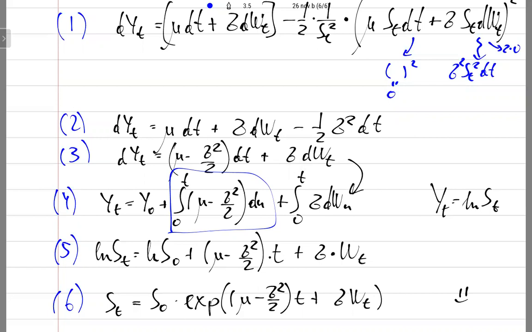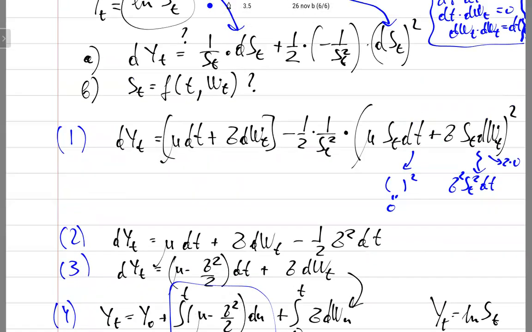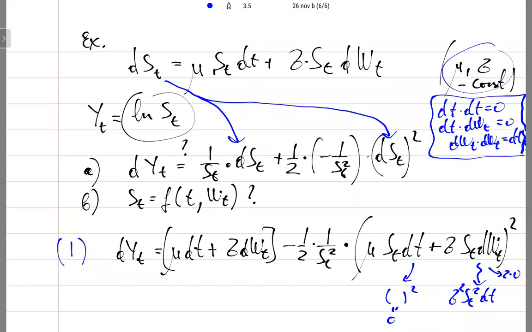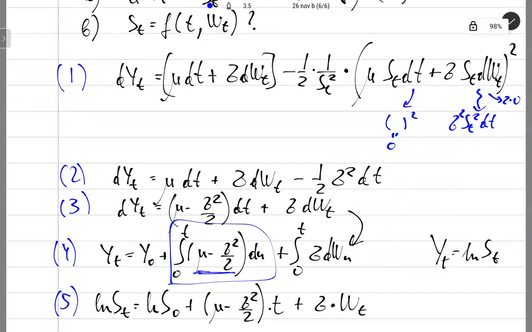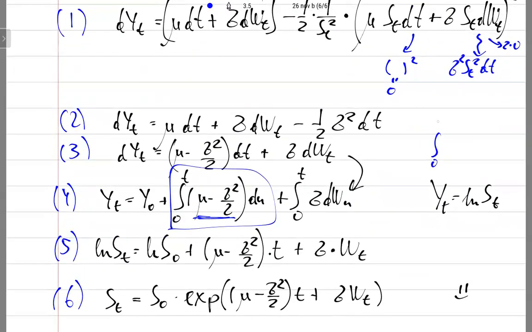So you calculated them and then substituted them into Yt, because they are constants. If you integrate something like 7, you will get 7t. And for the stochastic integral, we have an interpretation.